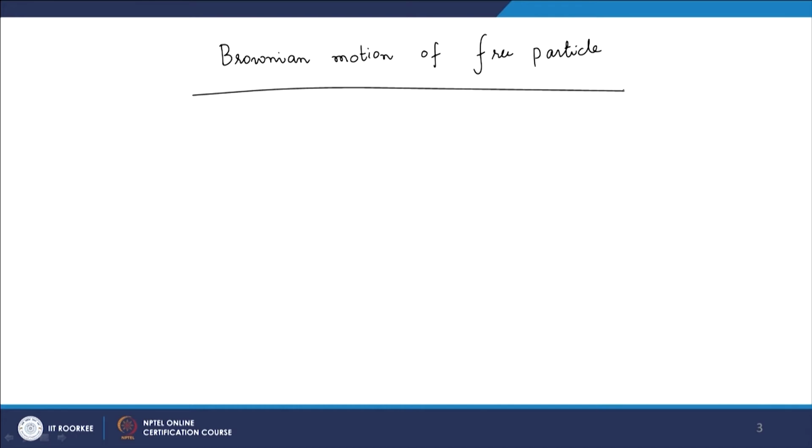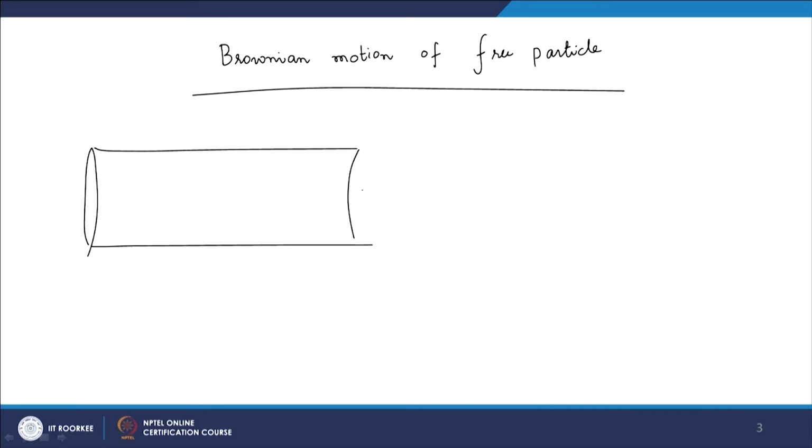and the system that I have in mind is, let us say you have some volume, some vessel, the vessel shape and size and everything is inconsequential here.